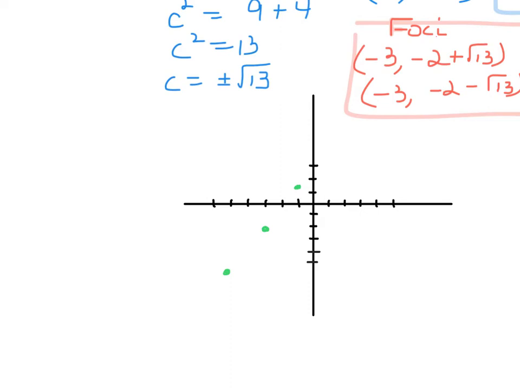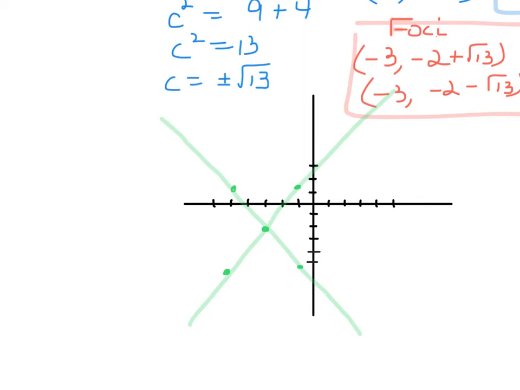So here is my first asymptote. And then I can go in the other direction. Rise 3, run 2, go down 3 and over 2, and again connect the points. Here's your asymptote.